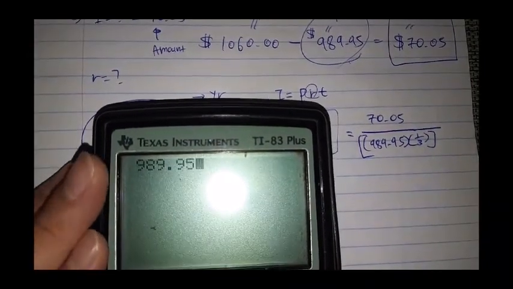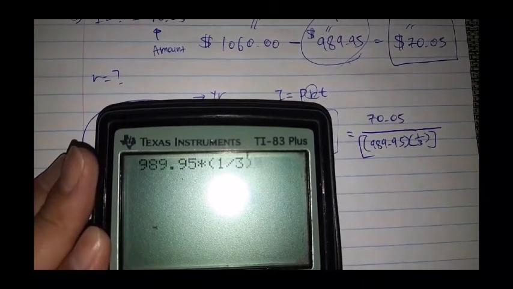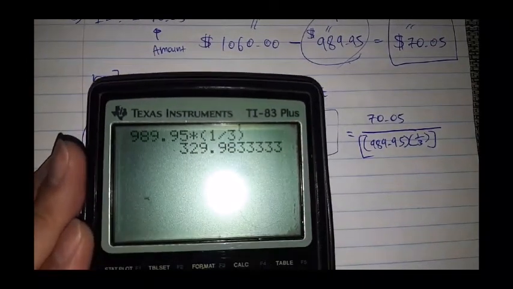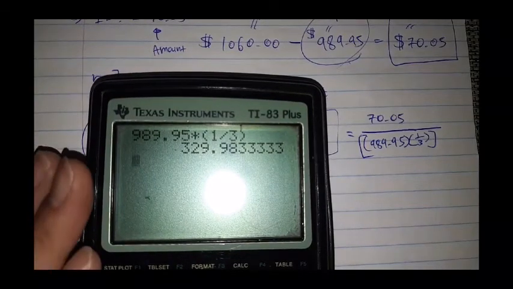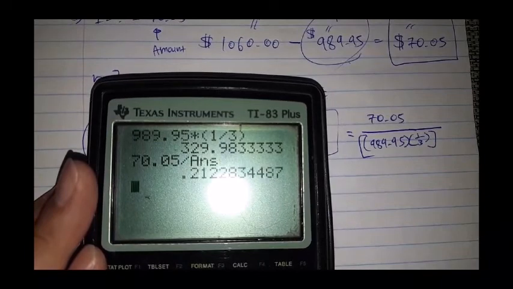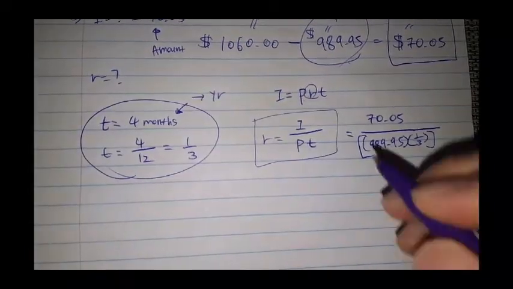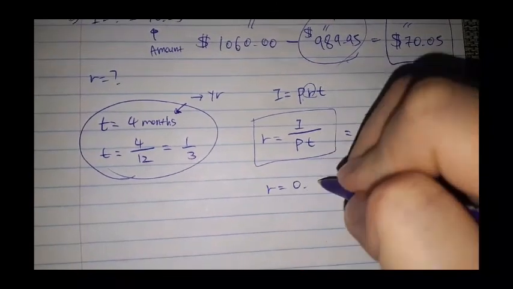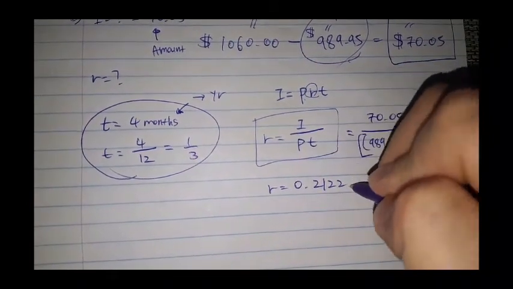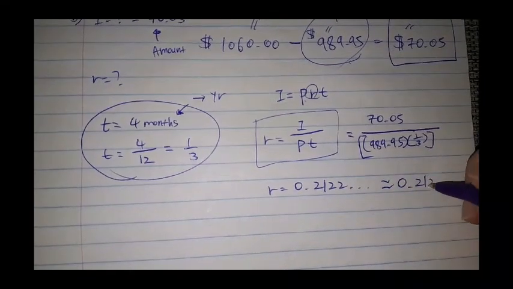It's 329 point something, and you can just use the previous answer to find your R. My R has turned out to be 0.2122, rounded to 0.212.